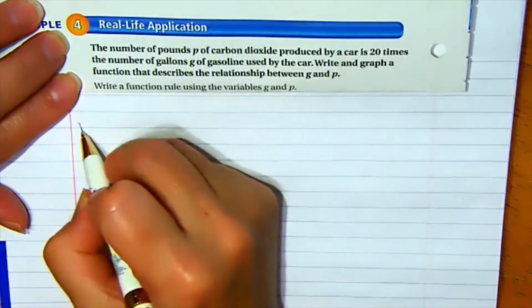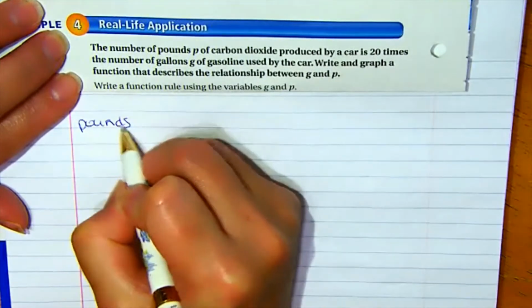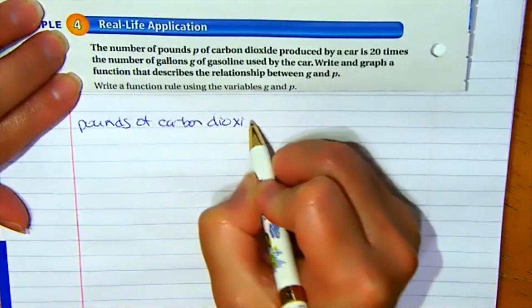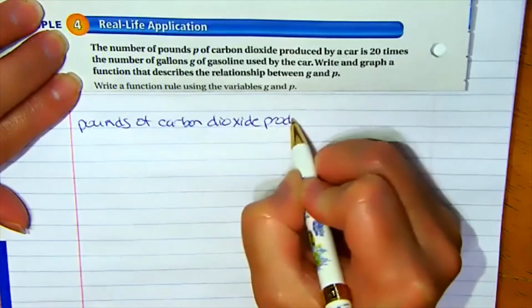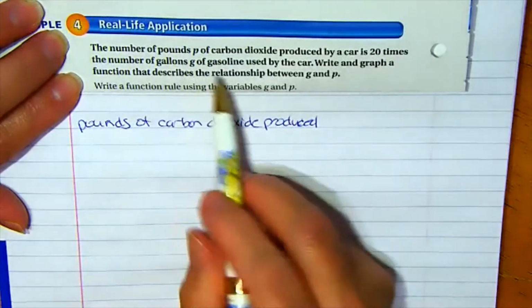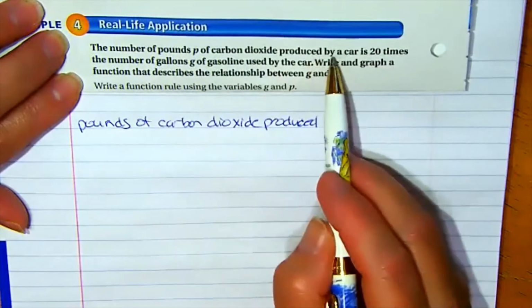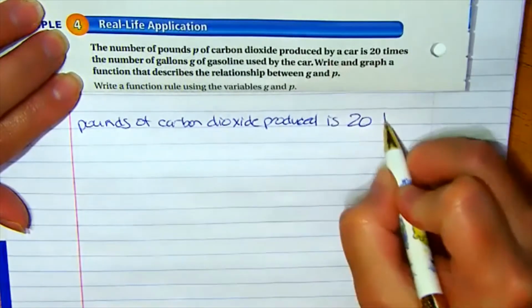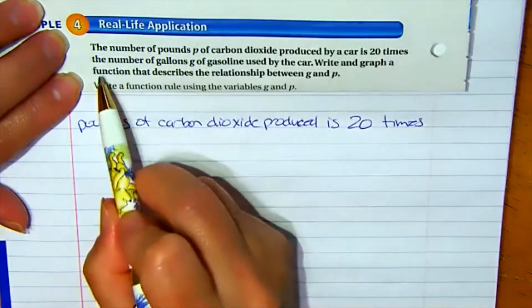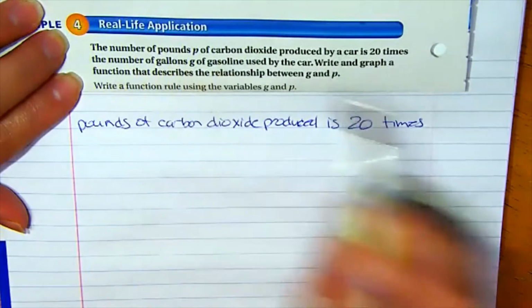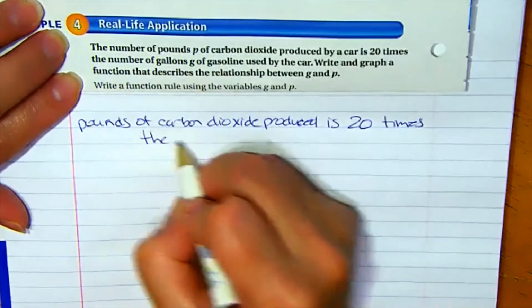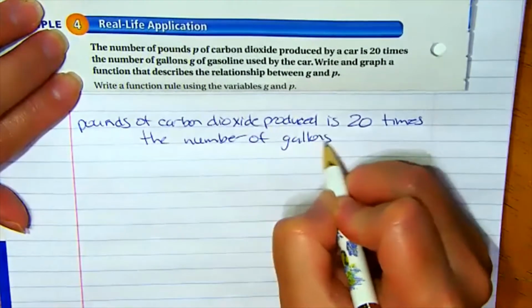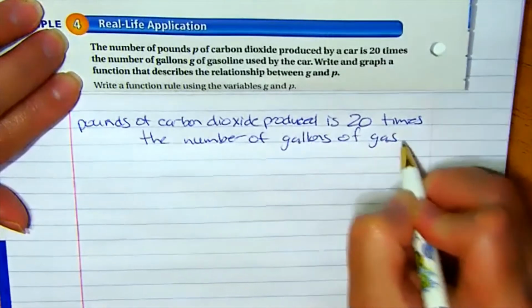So we have pounds of carbon dioxide produced by a car is 20 times the number of gallons G of gas.